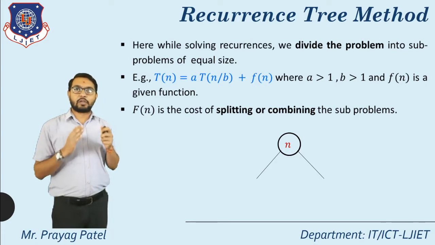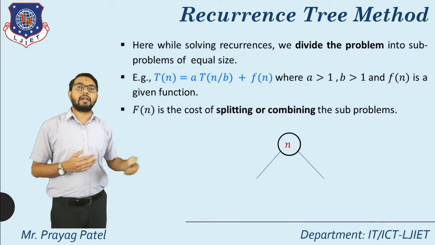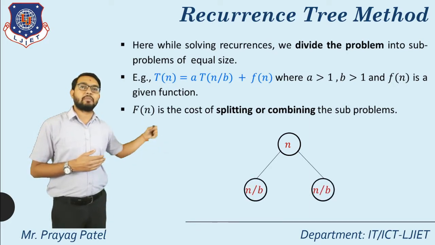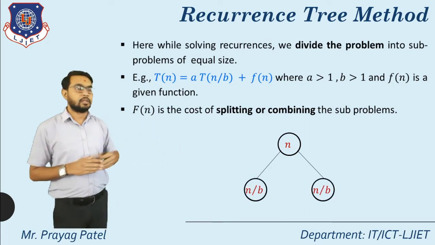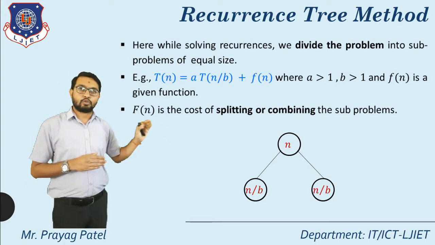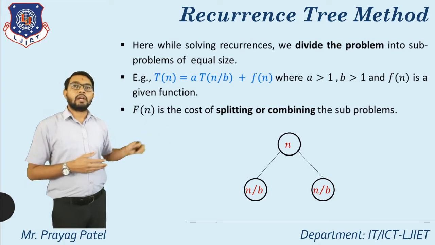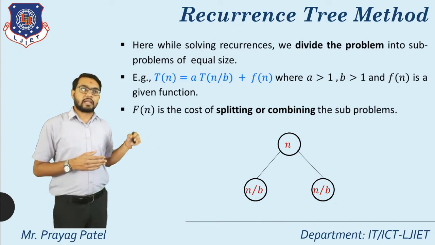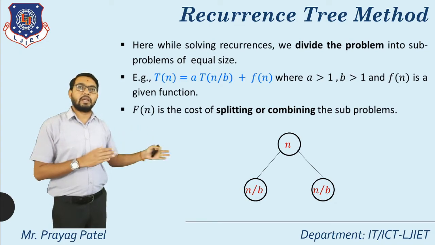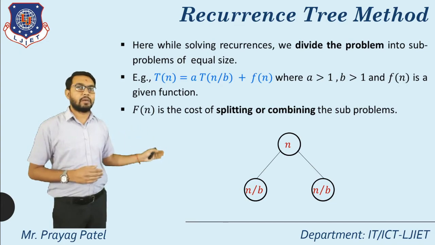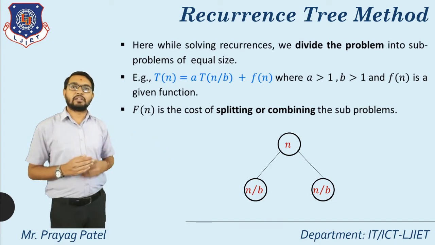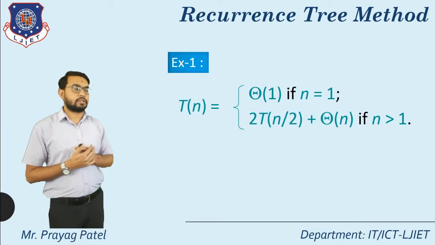Now a problem of size n can be divided into subproblems of size n/b. So here there are two subproblems, so the value of a equals 2, and n/b means the size or cost of each sublayer is n/b. So n/b two times, then we consider 2T(n/b) for solving this equation.